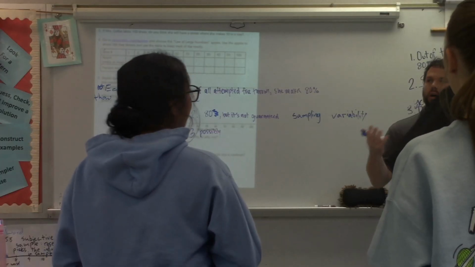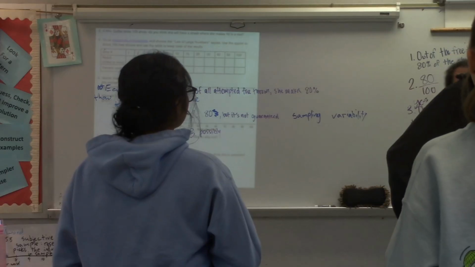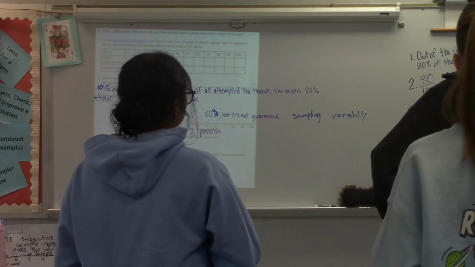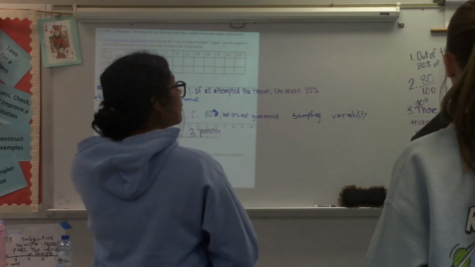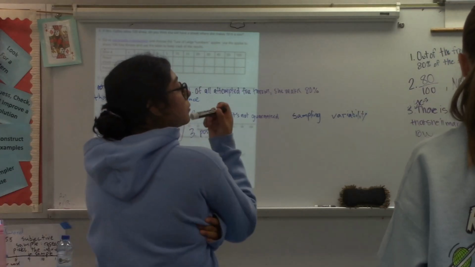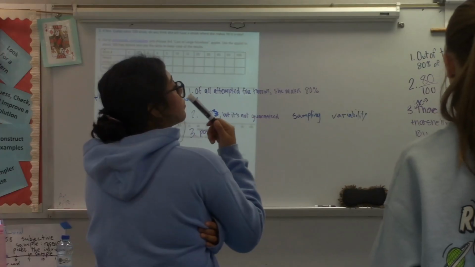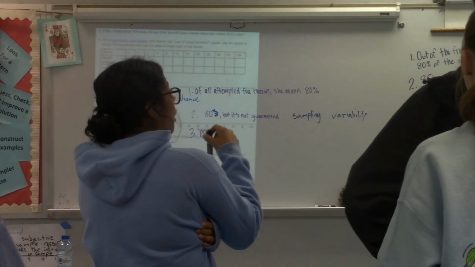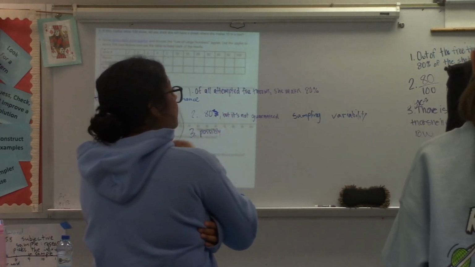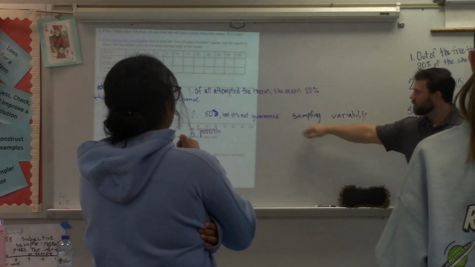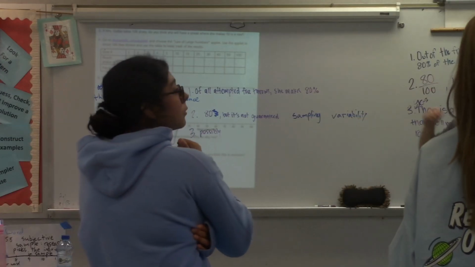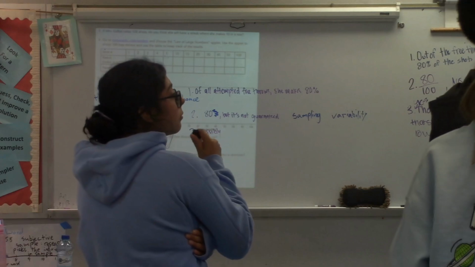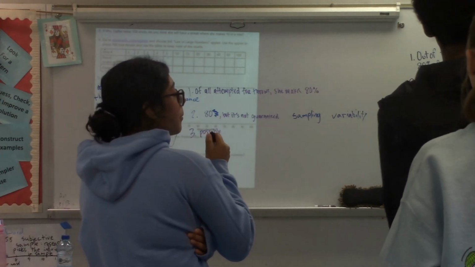So if we're doing 100 shots and she makes 80% of them, on average, out of every 10, we expect her to make how many? 8. Is it possible though that she hits say 12 in a row and then goes on a string of misses? Yes. Because of what? Variability. All we know is each free throw has what chance to go in? 8 out of 10. 80%, 8 out of 10.